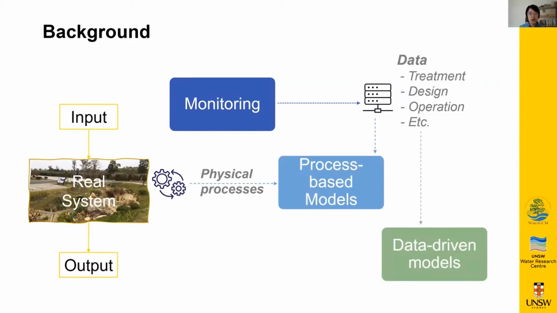One benefit, of course, is that you don't have to understand the physical processes to construct those models, which can also have very good prediction ability. And if you use the models in a good way, you can also inform some of the physical processes that are sometimes very complicated and hard to understand in real systems.